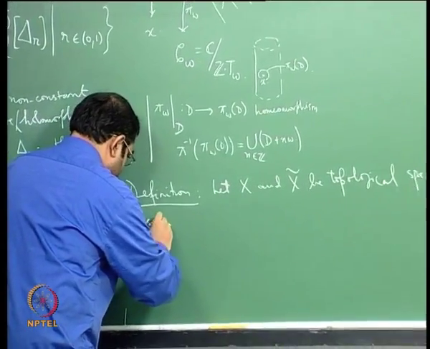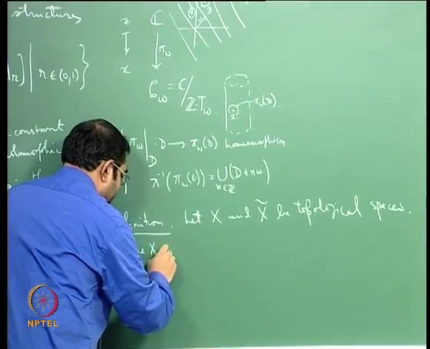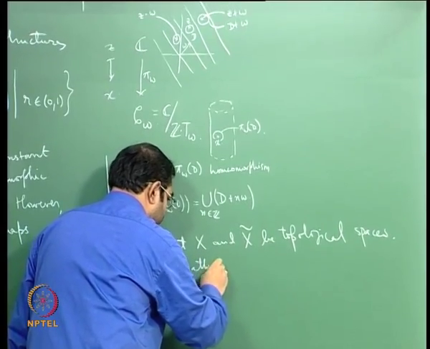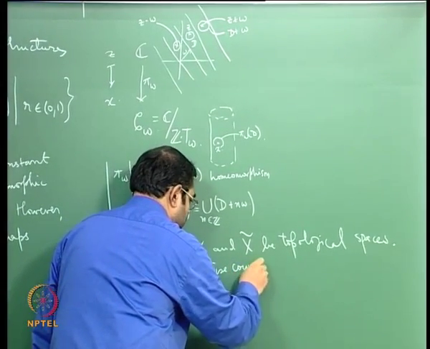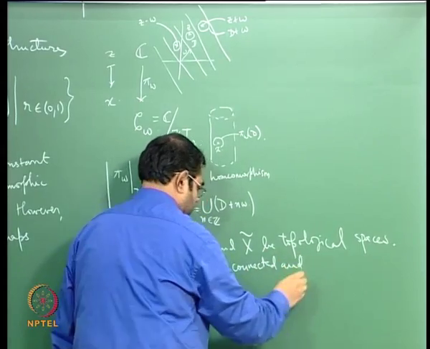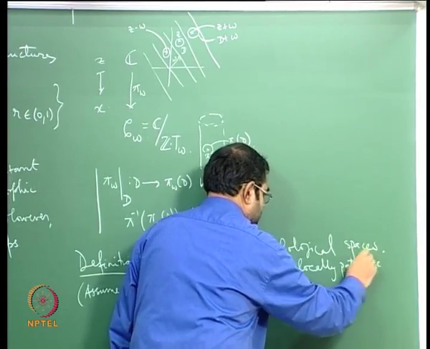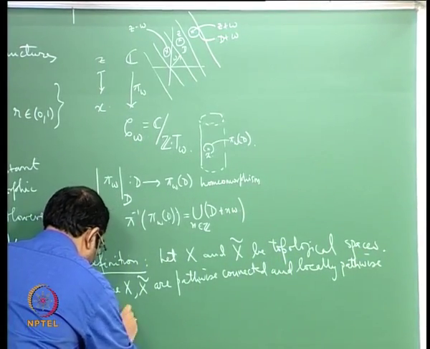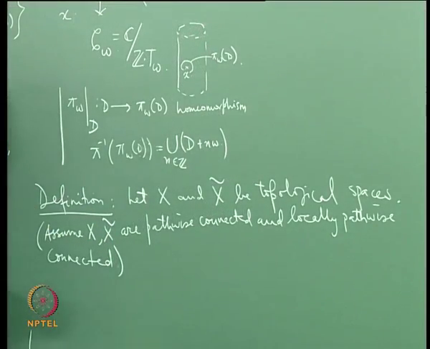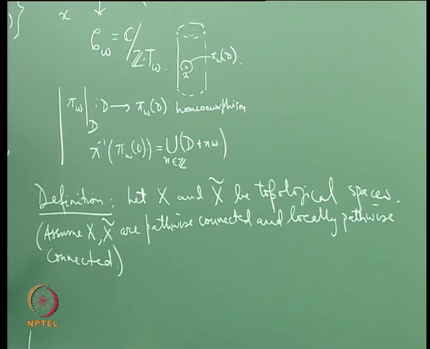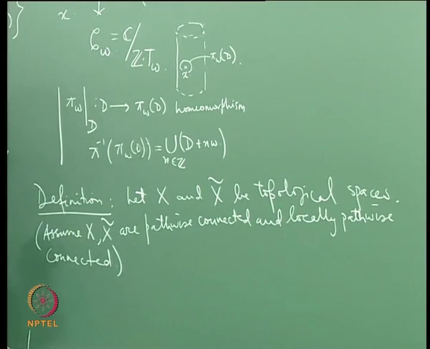Assume x and x tilde are pathwise connected and locally pathwise connected, okay. So this is what I am writing in bracket is a technicality, and the importance of that technicality, when it has to be stressed I will stress it, but for the moment just assume this technicality, do not worry about it for the moment.